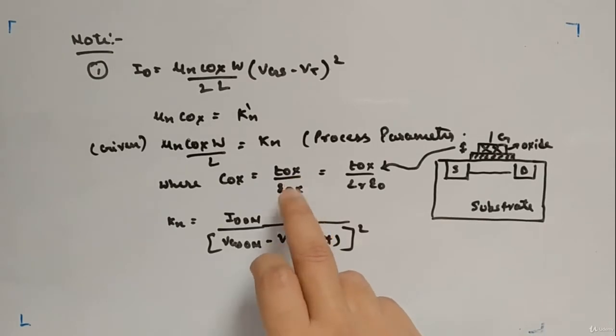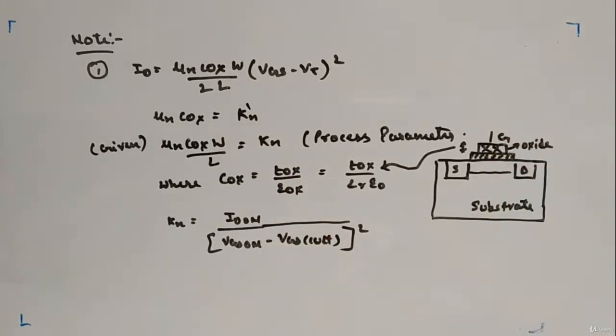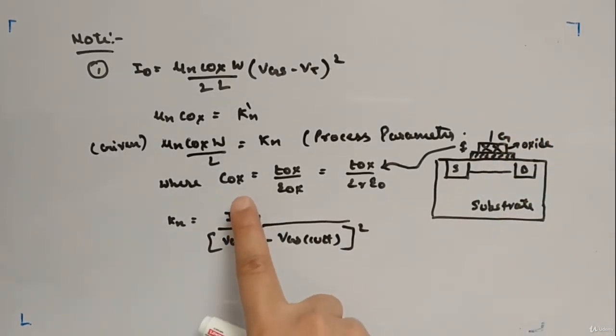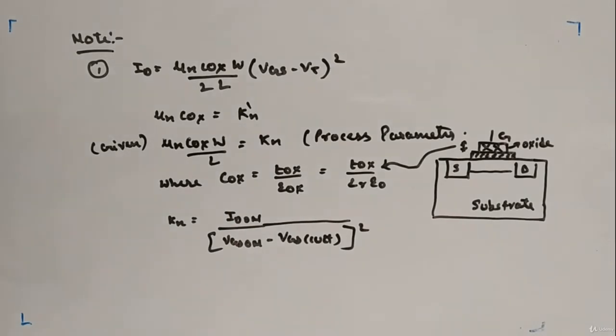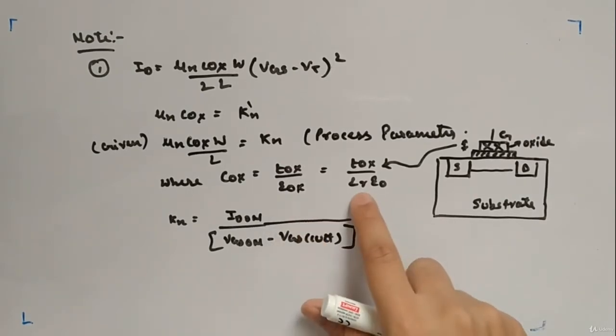Ox means oxide. So you remember there is an oxide layer between gate and channel. That oxide layer we are talking about, the capacitance of that layer, is epsilon ox divided by tox. Epsilon is the permittivity, which can be written as epsilon R times epsilon naught.